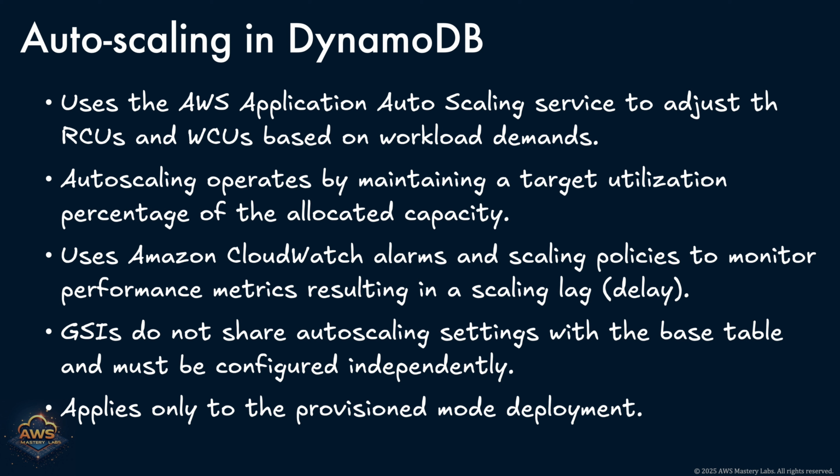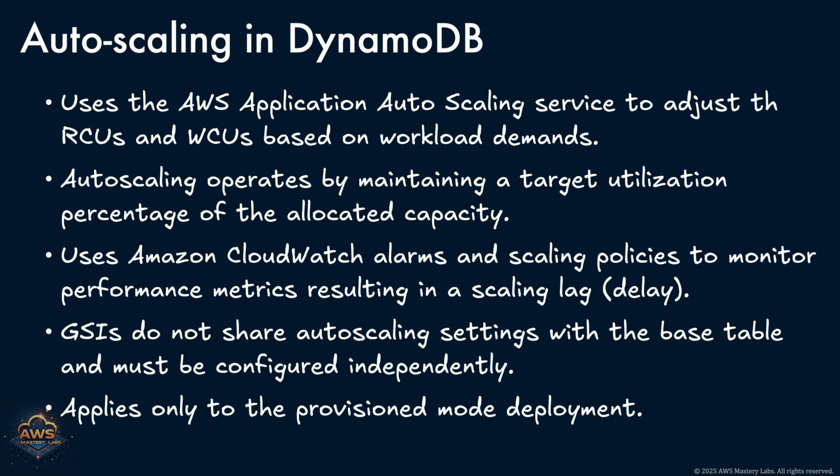This mechanism relies on Amazon CloudWatch alarms and scaling policies, which continuously monitor throughput metrics to make real-time adjustments. One important consideration is that global secondary indexes, GSIs, require independent scaling policies. Unlike local secondary indexes, LSIs, which share throughput with the base table, GSIs operate separately and must have their own auto-scaling settings to ensure efficient performance.